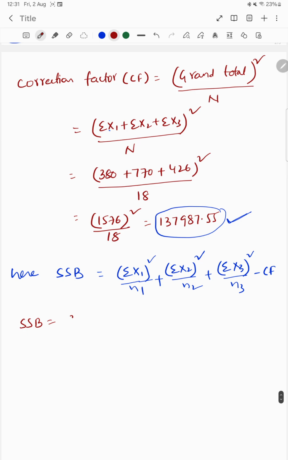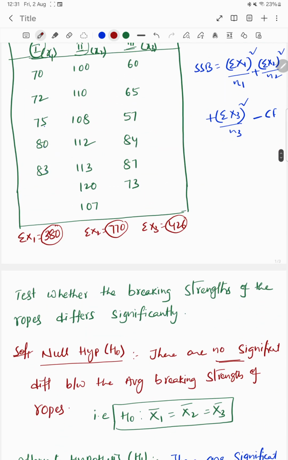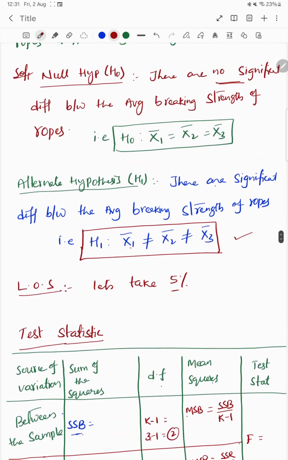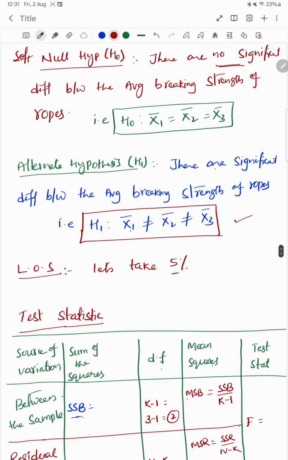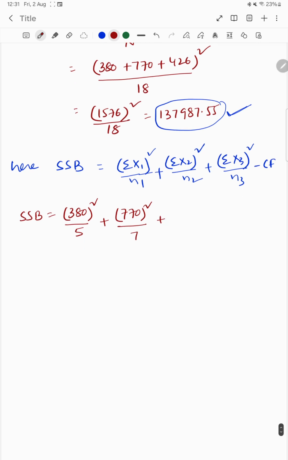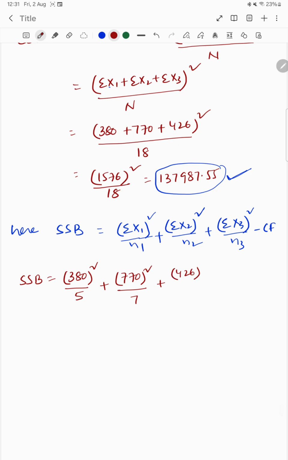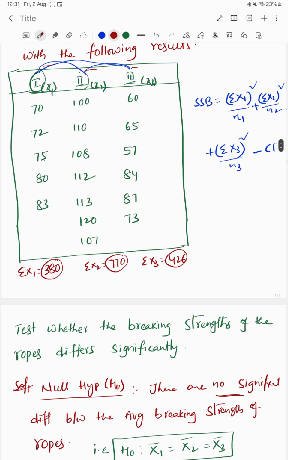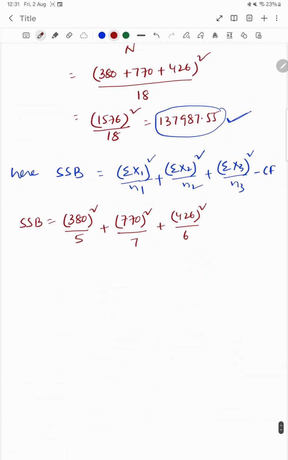So this will become 380 whole square by n1, the subsamples in the first one, that means 5, plus my second sample total 770 whole square divided by n2, which is 7, plus the third one, 426 whole square by the total number of subsamples in the third sample, which is 6, minus the correction factor, which is 137,987.55.